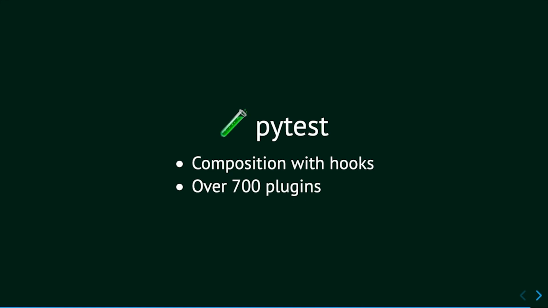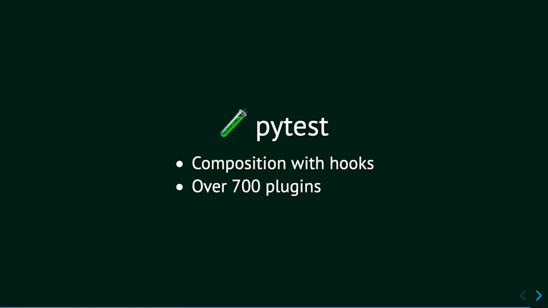So what is the alternative? The alternative would be a system based upon hooks, like functions that fire at different points, somewhat similar to Django's signals. And indeed, this is how PyTest operates. It has 20 or more different hooks that will fire all relevant functions at each point in the testing process.